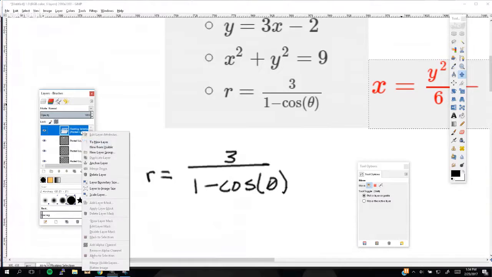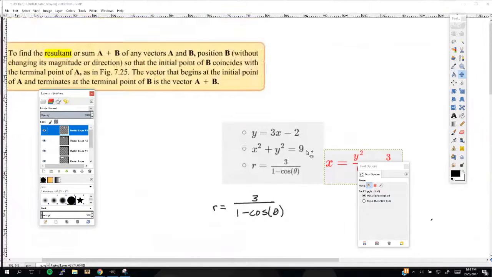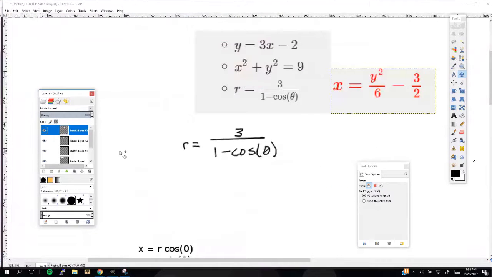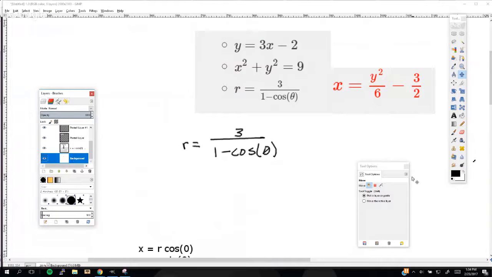Doesn't 1 minus cosine equal something? I don't think so, at least not according to what he gave us.